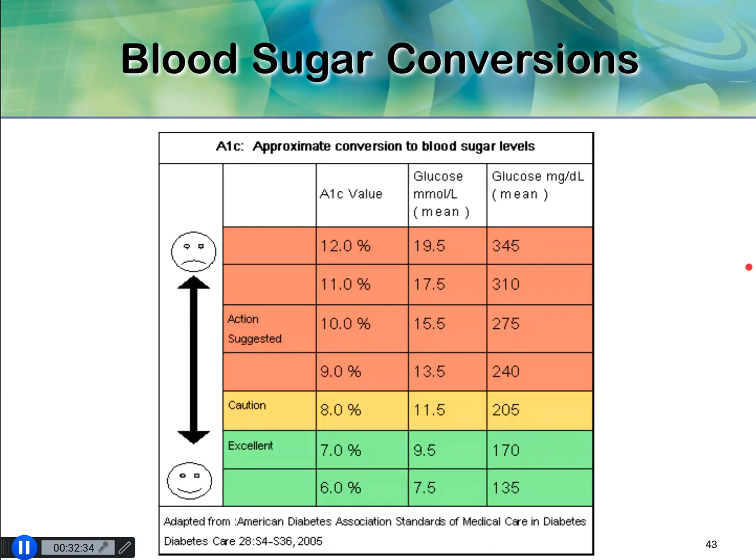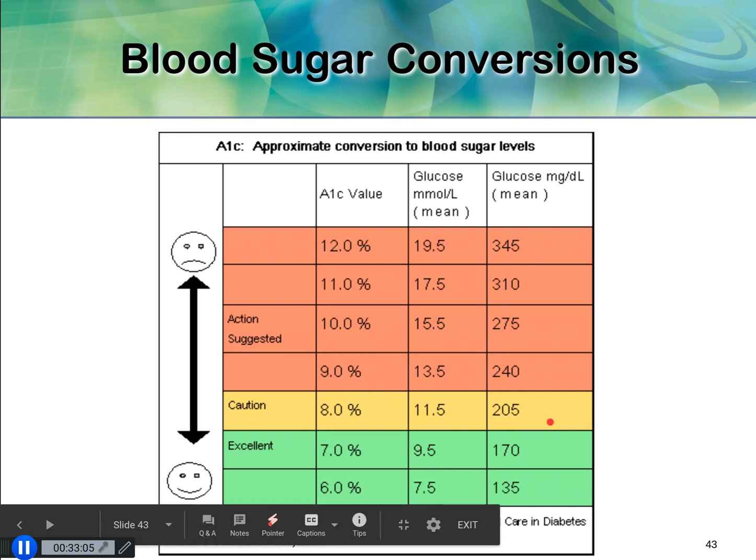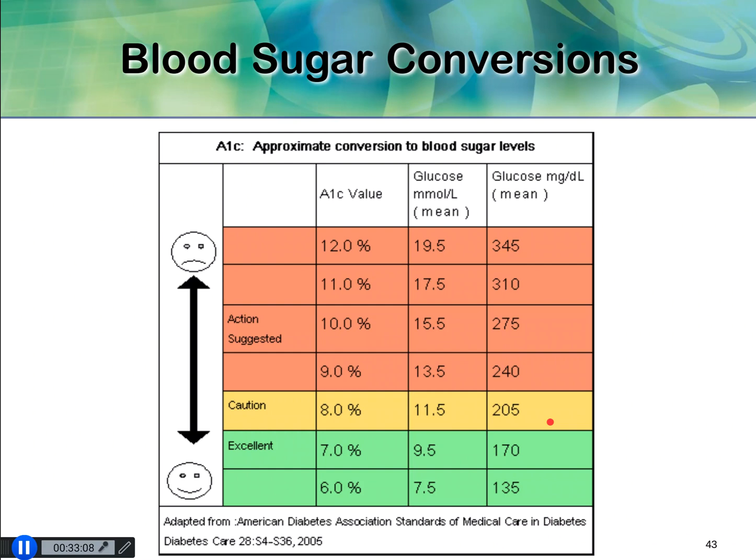It's pretty amazing. So here's some approximate conversion levels. For the A1C, if we're getting a result of 9, 10, 11, 12%, that means that the glucose level, which I'm used to seeing in milligrams per deciliter, is probably around 240 to 345, which is not good at all. 8% A1C with the 205 glucose is definitely cautionary.